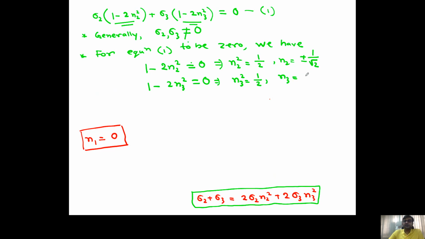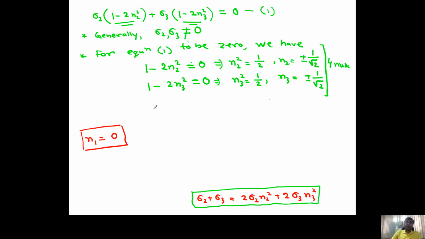Therefore, N3 is equal to plus minus 1 by square root of 2. So how many results do we have here? We have 4 results. There can be a permutation combination of N2 and N3: 1 by root 2, 1 by root 2; 1 by root 2, minus 1 by root 2; minus 1 by root 2, 1 by root 2; minus 1 by root 2, minus 1 by root 2. So 4 results.